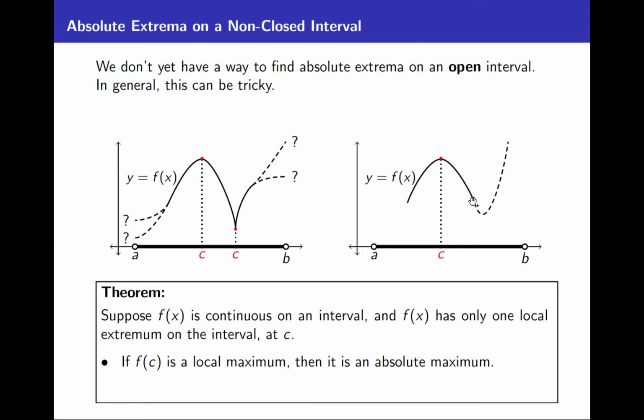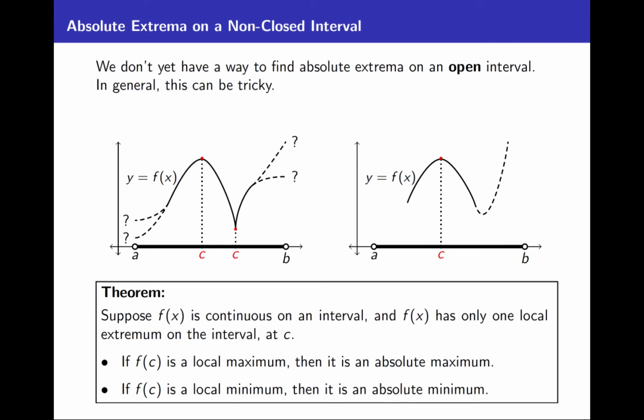Well, somewhere that function would have to turn around, and you'd pick up a local minimum. But it's stated here that you only have one local extremum on the interval. That's your assumption. So that's why if f of c is a local maximum, then it has to be an absolute maximum. And by the exact same kind of reasoning, if f of c is a local minimum, then it's also an absolute minimum.